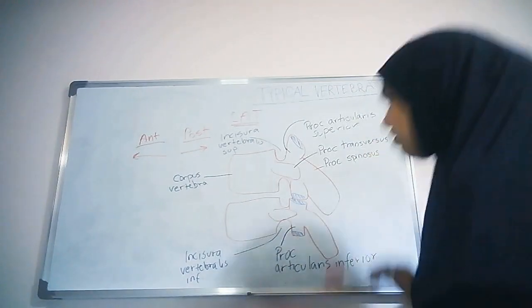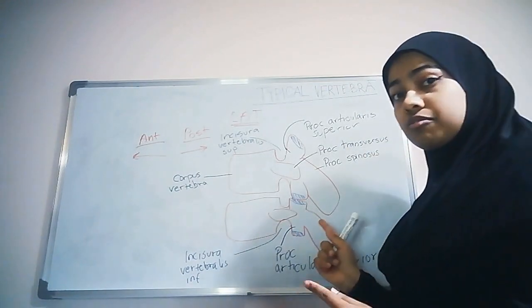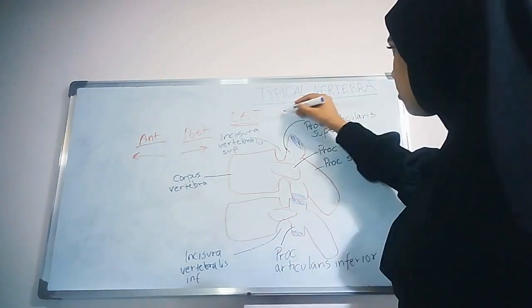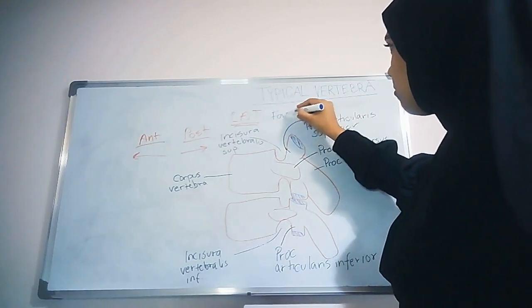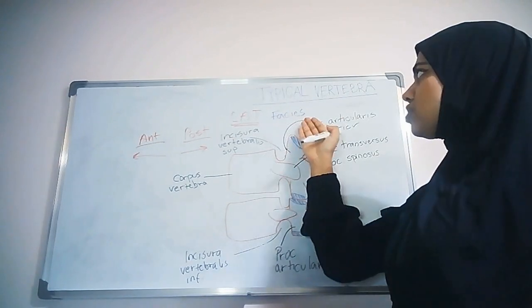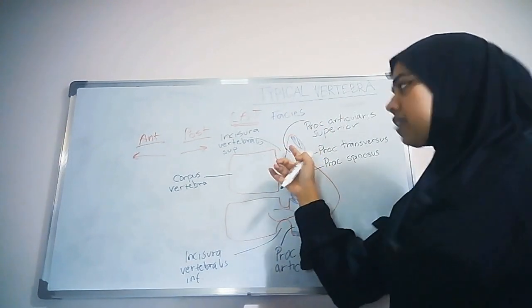Now, as I told you, the flat surface is called facies, and you spell it like this. Facies, which means flat surface.